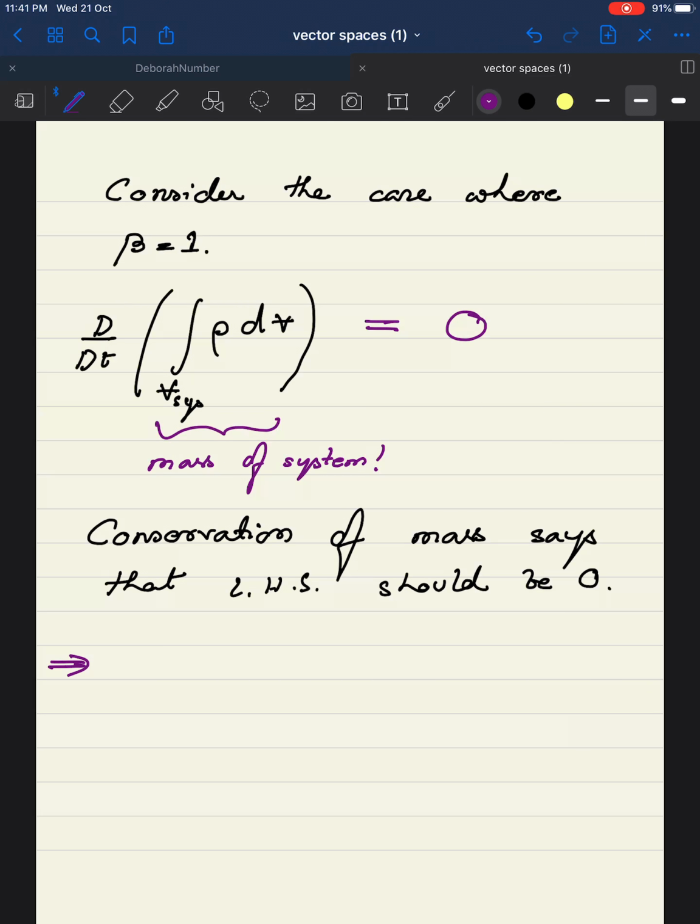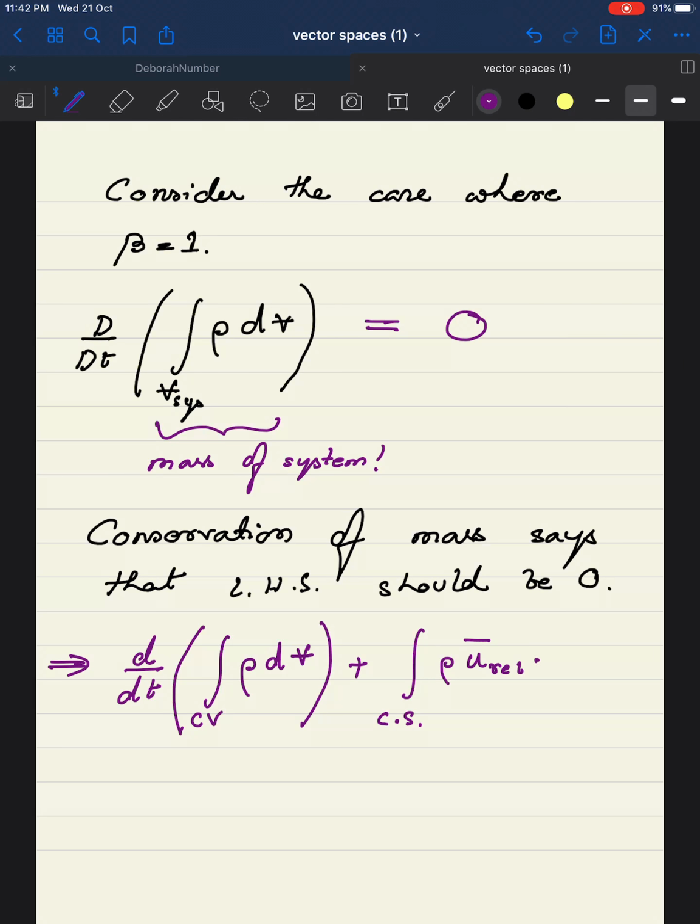This implies, if I were to write the control volume part, then my d/dt of the integral over the CV, my beta is now 1, so this is rho dV, plus the integral over the control surface of rho u relative dA is equal to 0.